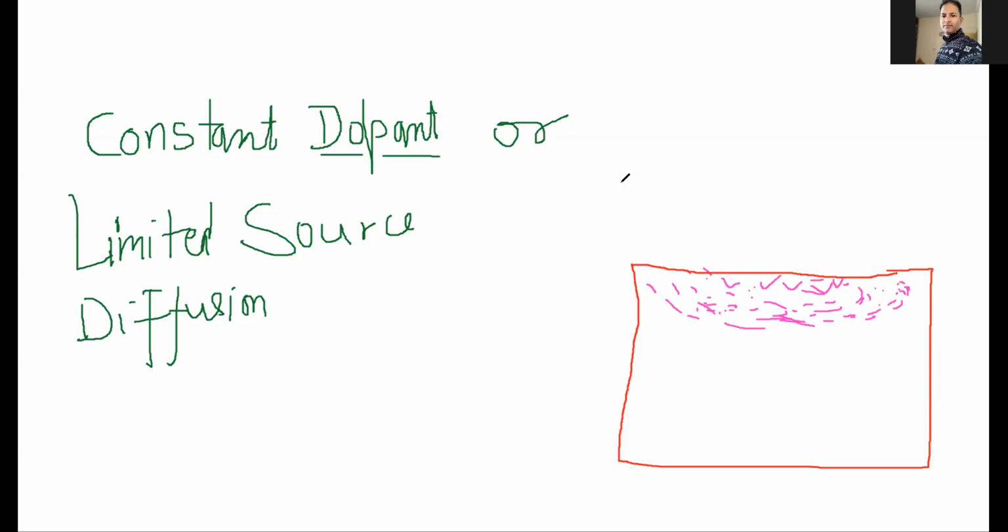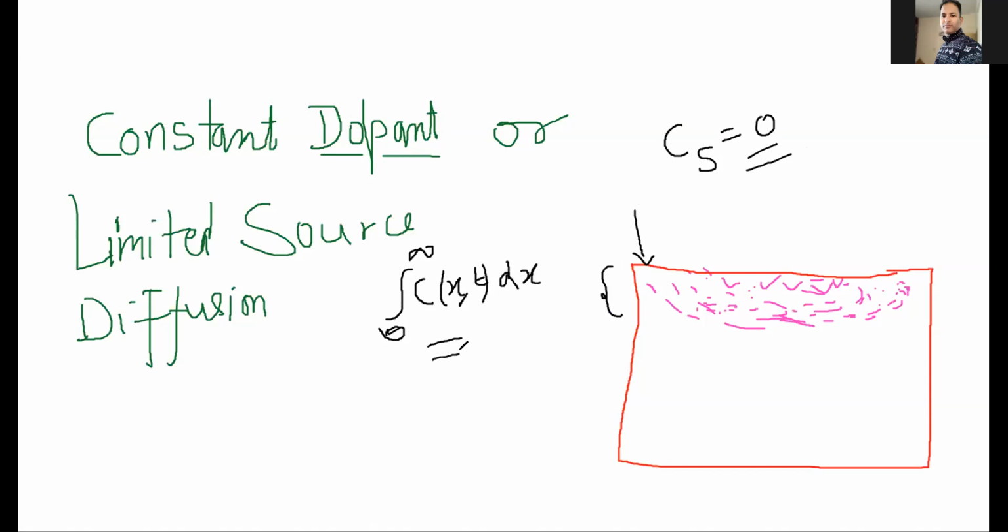If you have to model this mathematically, we can write that at the surface we are not getting any new dopant, and the total dopants, which is the integral from 0 to infinity of c(x,t) with respect to dx, is also constant.